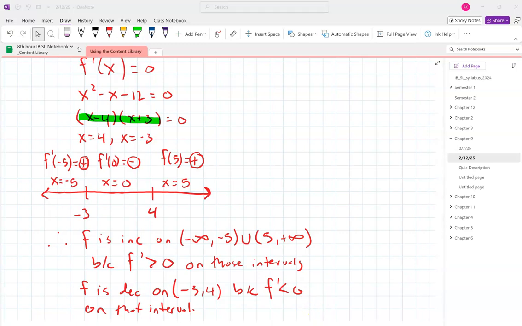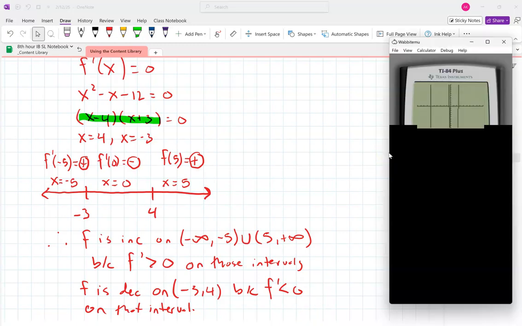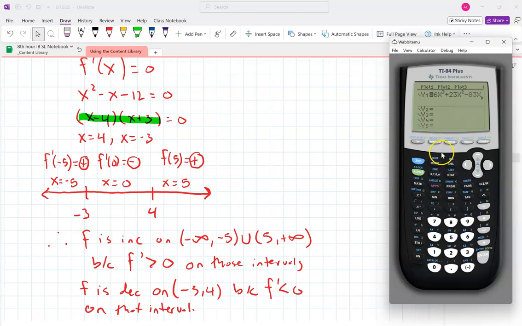Now, alternatively, I could do a similar thing on my calculator. So if I graph that derivative, the function that it gave me, I get this picture. I see that less than negative 3, the graph is positive.